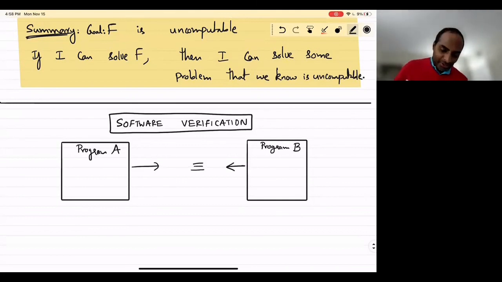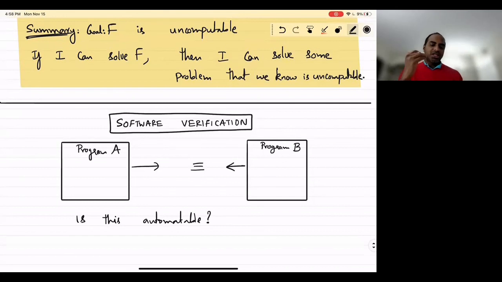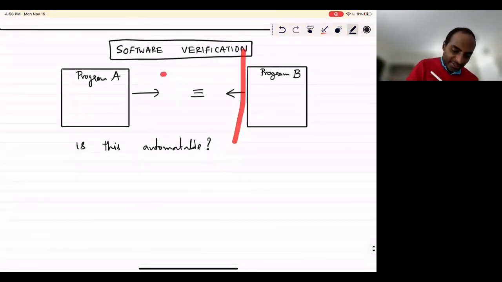The main question, for many important things in practice, is whether this is automatable. Is there an automatic way to verify that program A's behavior is the same as program B's behavior?